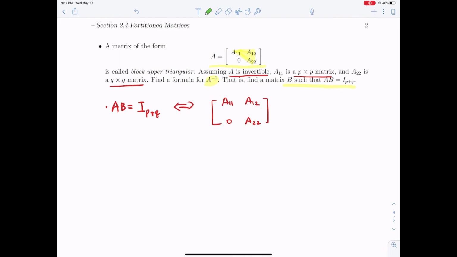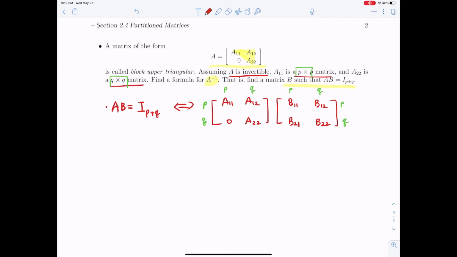Note that A11 is a P by P matrix and A22 is a Q by Q matrix, so we have P rows and columns here and Q rows and columns there. So you can subdivide the matrix B in the same way, like B11, B12, B21, and B22, such that the numbers of rows and columns are P and P here, and Q and Q there.